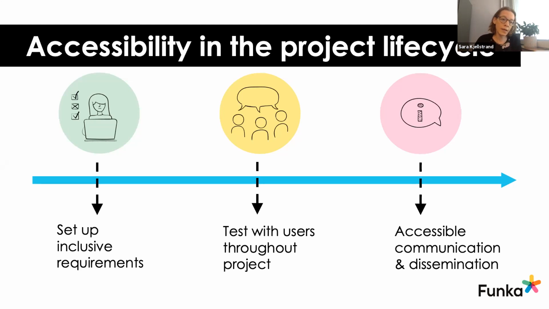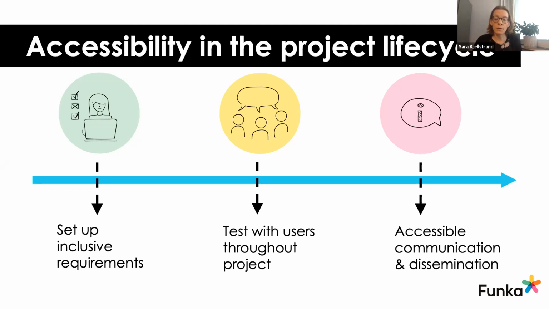So it starts from the beginning with setting up inclusive requirements so that you have the user in mind, and users of all abilities and of all walks of life. And then throughout the whole project, to make sure that the users can actually access and understand the product or service, you need to test it with users throughout.